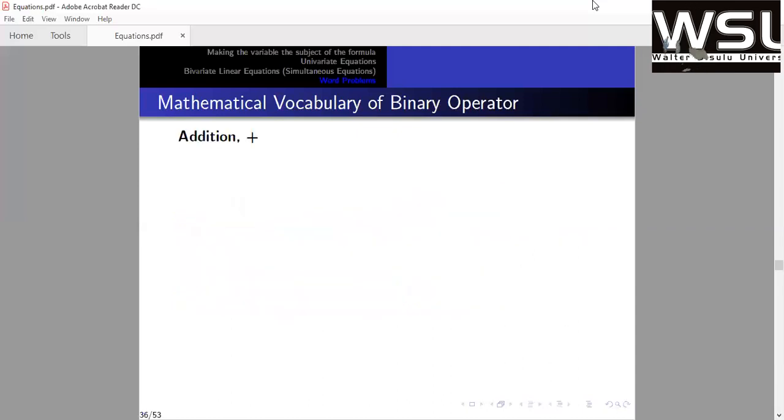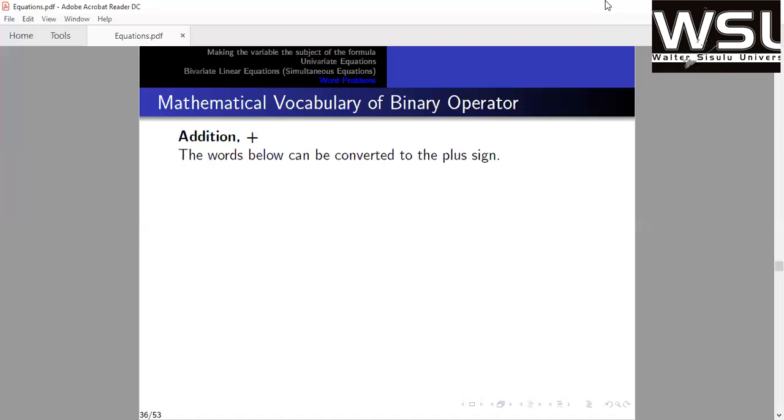So let's take the first one, plus. The first binary operator, we need to know the vocabulary used in word problems so that you can apply it into a mathematical statement.